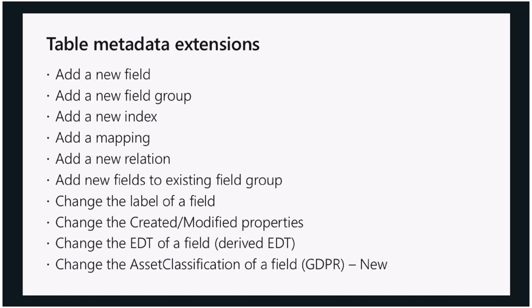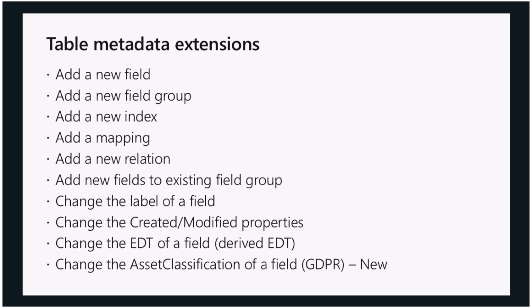In terms of changing the table metadata itself, we can change the label of a field, change if created and modified fields are included in the table, and change the EDT of a field, but only to a derived EDT of the base type. Essentially, you can make the field be more specific, but not entirely change the data model.